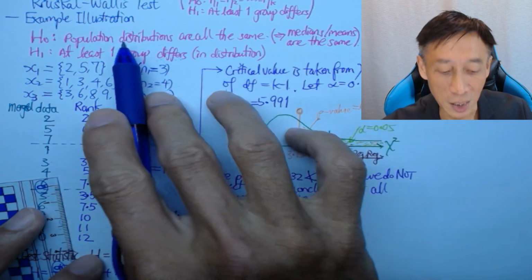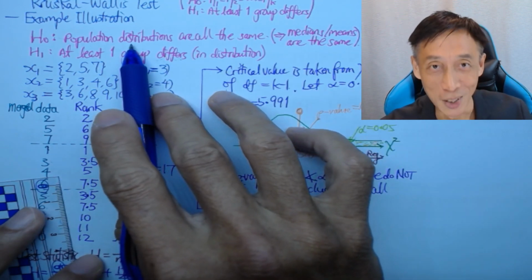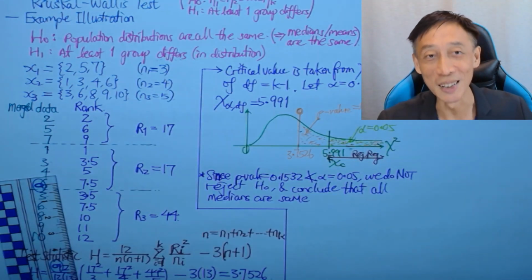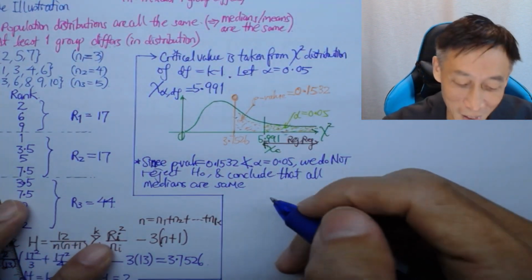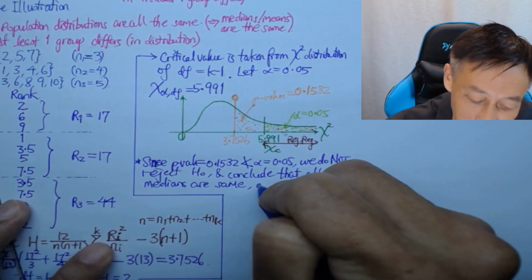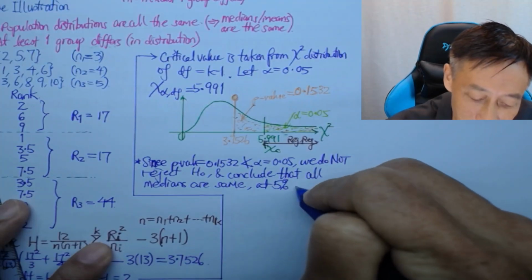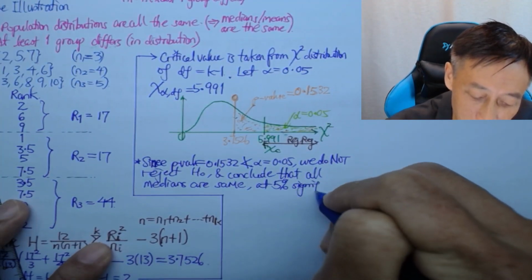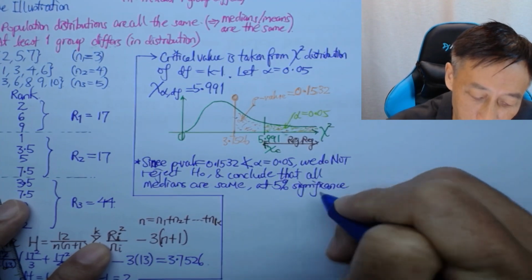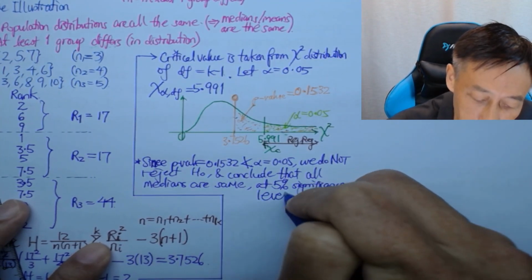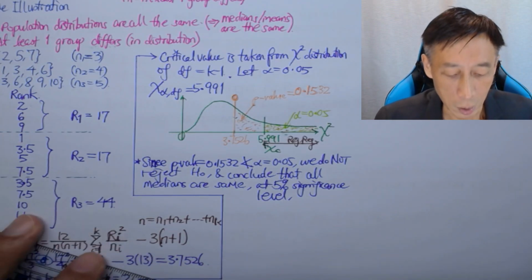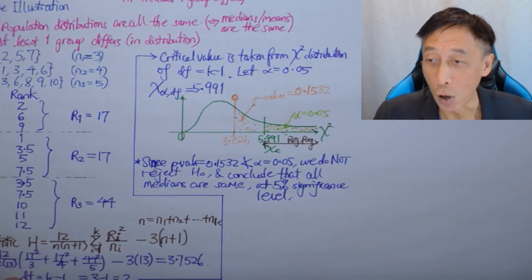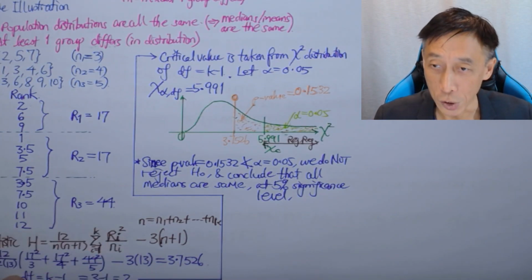But Kruskal-Wallis says all the distributions are the same. That means including the shape, the means, the skewness, everything is the same. So it's a lot more than what we want at the 5% significance level. Okay, so that's the conclusion we derived from this calculation.